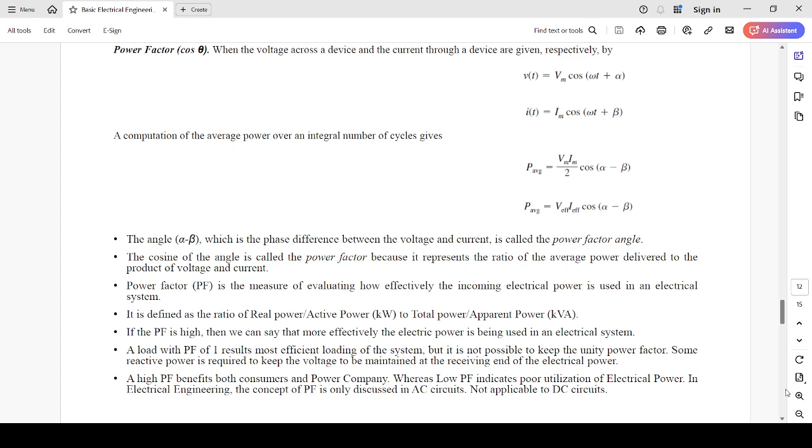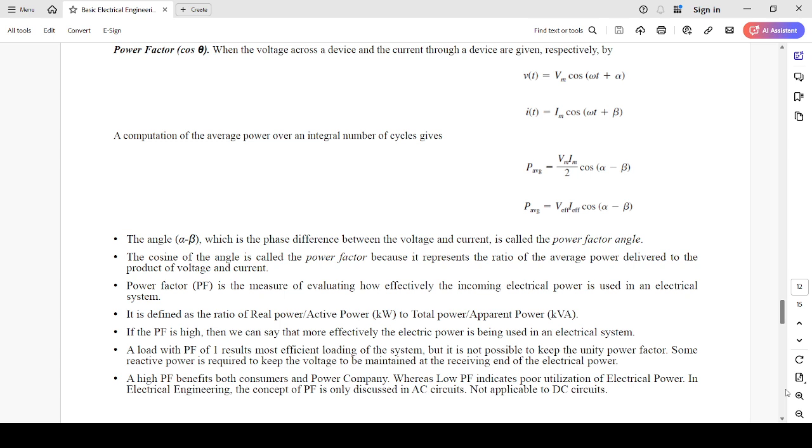When we apply the voltage across the device, the current is given by the equation Im cos omega t plus beta, whereas the voltage is calculated by the formula Vm cos omega t plus alpha. As I told you earlier, alpha and beta are the phase displacement angles.